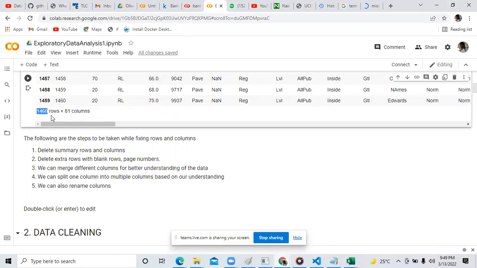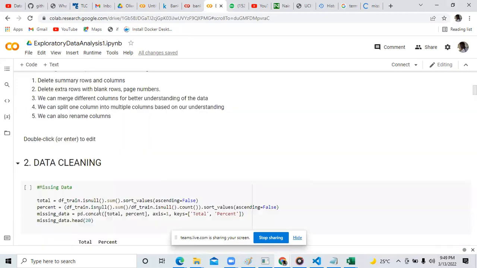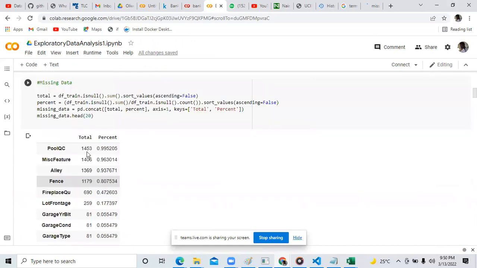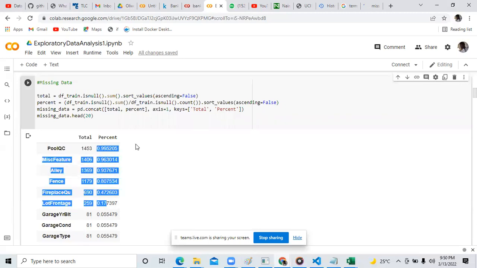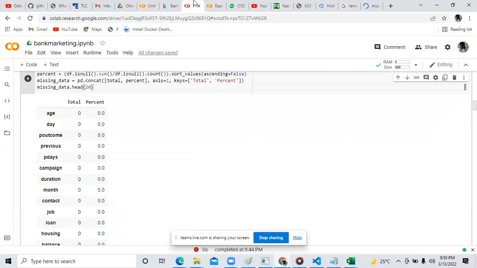Out of 1,460 rows, this particular column has 1,453 null values. Obviously, I'm going to drop this. There's nothing you can tell me. All these ones that had 99% to 17%, I'm obviously going to drop all of them. You cannot even negotiate it with me, right?